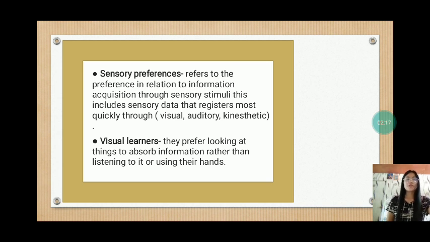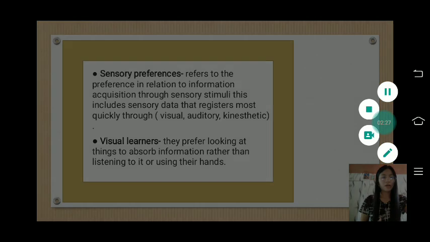Let's first tackle what a visual learner is. They prefer looking at things to absorb information rather than listening to it or using their hands.